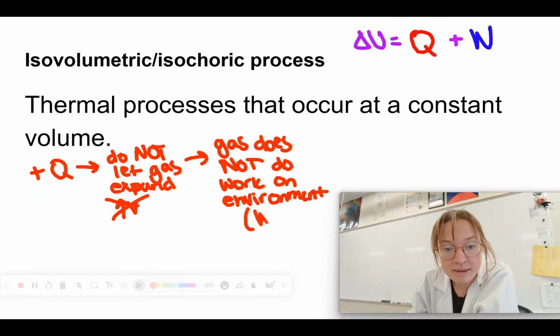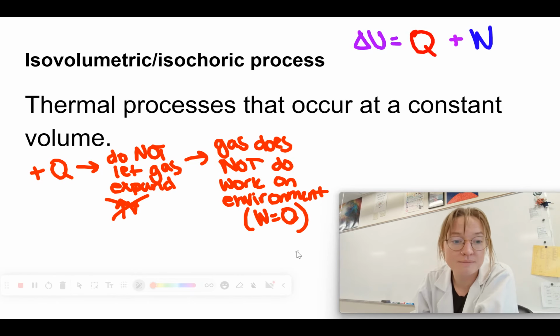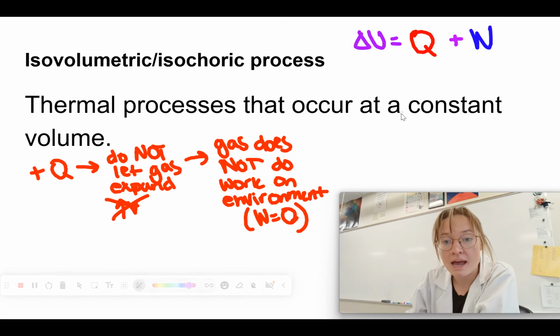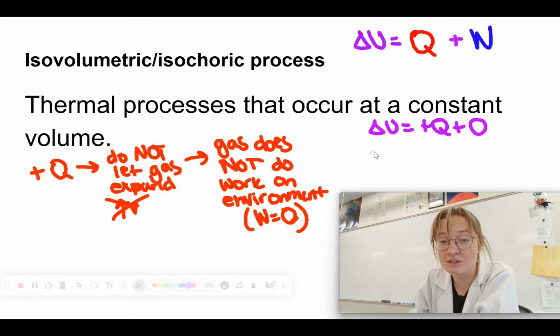In other words, the amount of work that the gas does is 0. Here's what this would look like as a delta U statement. I add in heat, but I don't let the gas do any work.